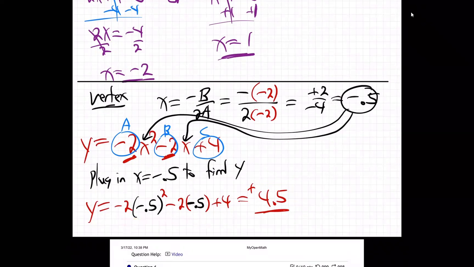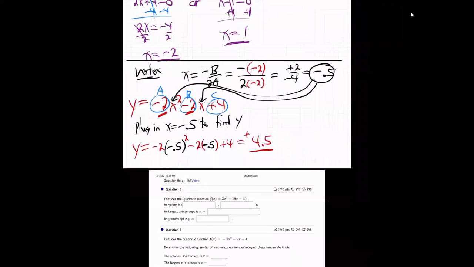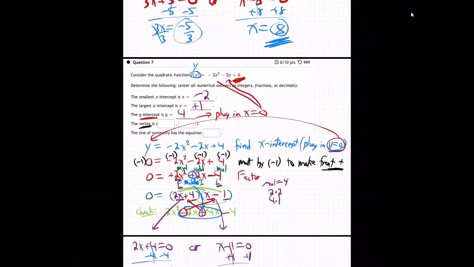And I got my y value. So what do they want up here? They want the vertex. So we got the vertex. The vertex is x is -0.5, y is 4.5. There's the x, there's the y. We've got the vertex.